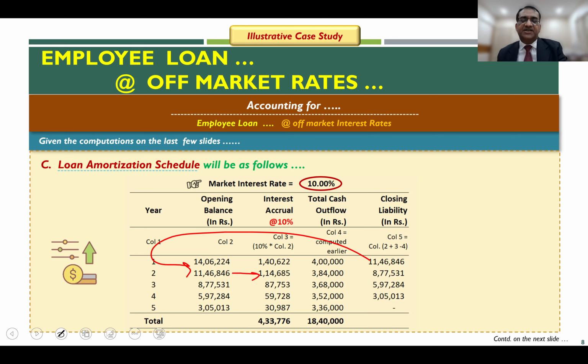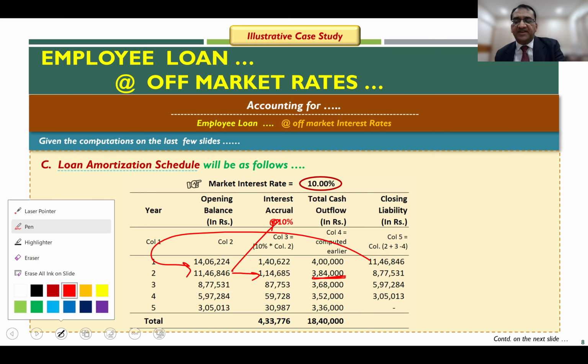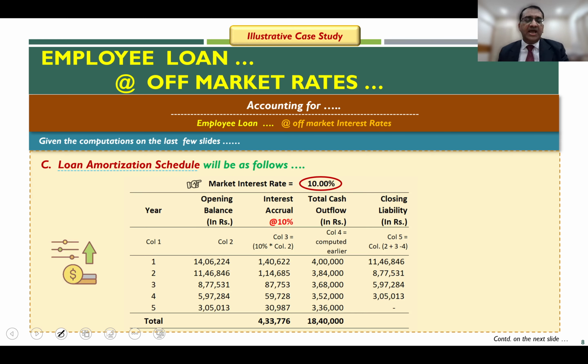Now 10% of this will be your second year's interest income accrual. You will get contractually 384 of cash, which includes 3,20,000 of principal repayment, also representing 1/5 for year number 2, and that will give you closing liability of 877,531, which is opening amount plus interest income accrual minus 384 cash paid.